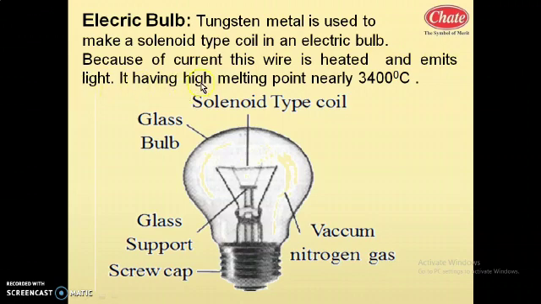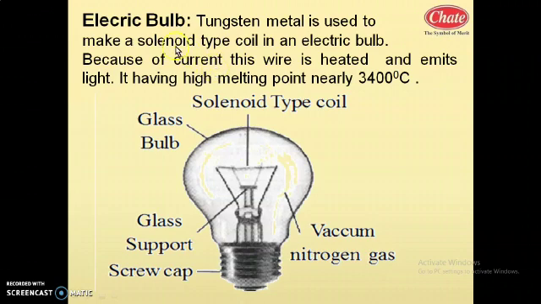It has a high melting point, nearly 3400 degrees Celsius. So tungsten is such a material. Before reaching the melting point, it starts emitting light. Whenever it is heated, it starts emitting light. Hence it is used in the electric bulb. This is another example of heating effect of electric current.